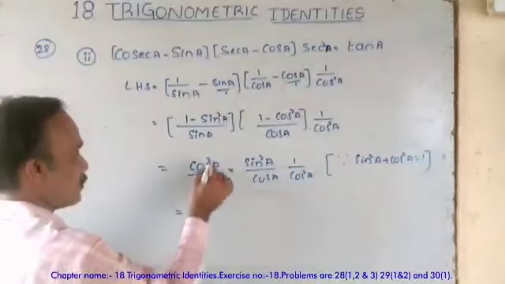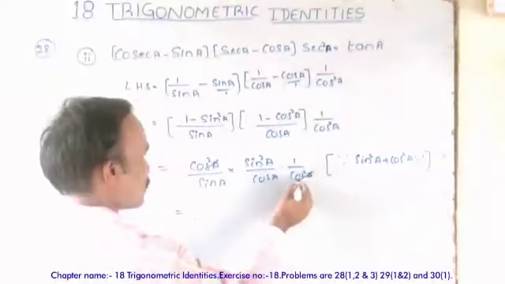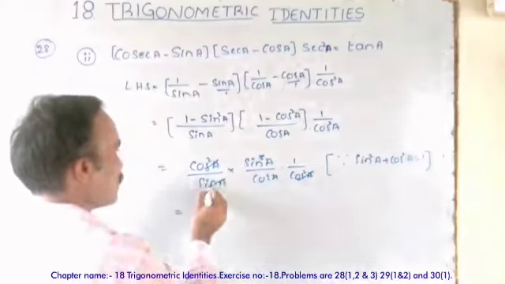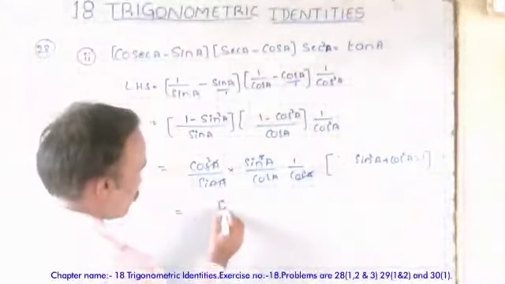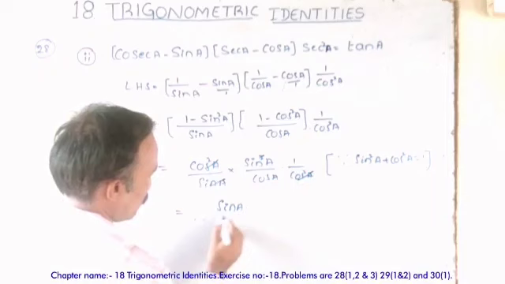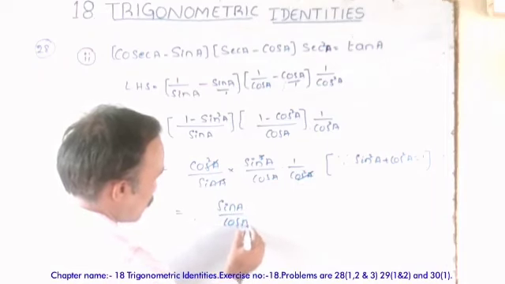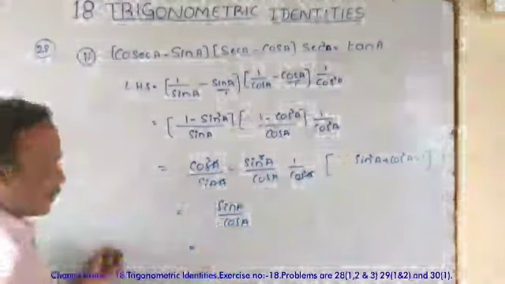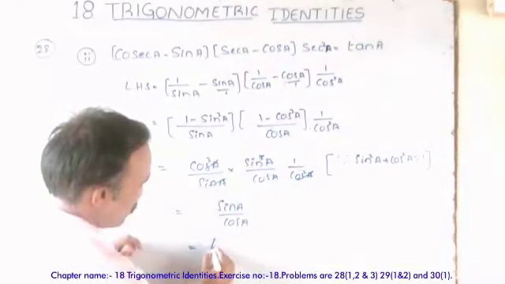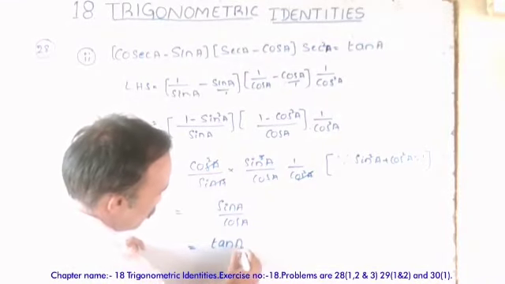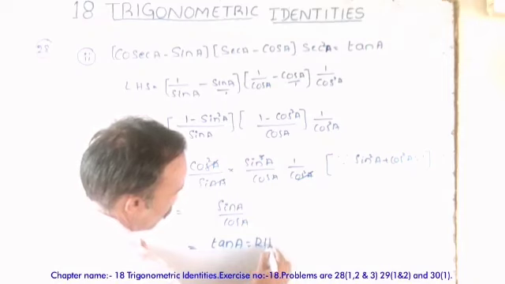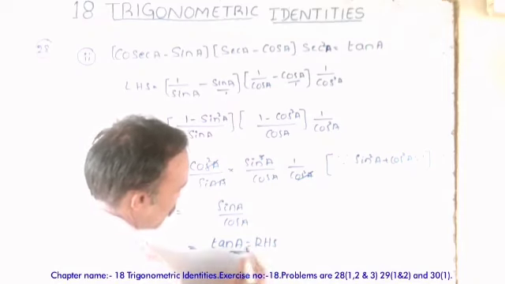Next, any cancellation? Cos square A cancels. One term sin A cancels. So finally the remaining term is sin A divided by cos A. By using quotient relations, this is the same as tan A. So this is equal to RHS.